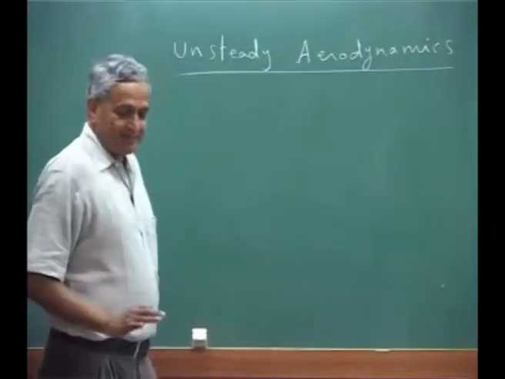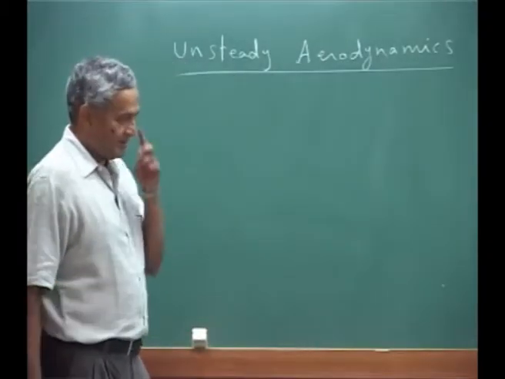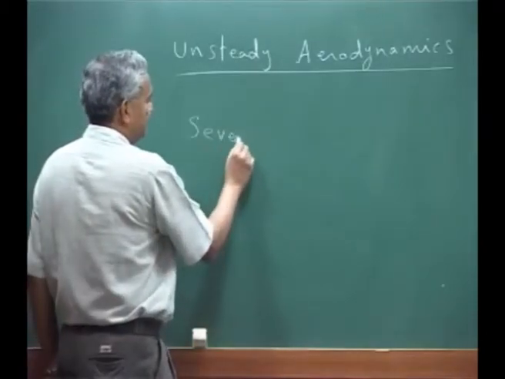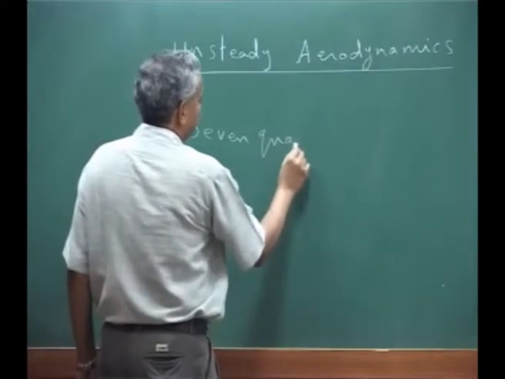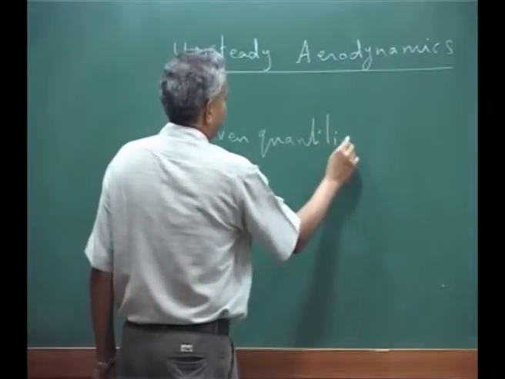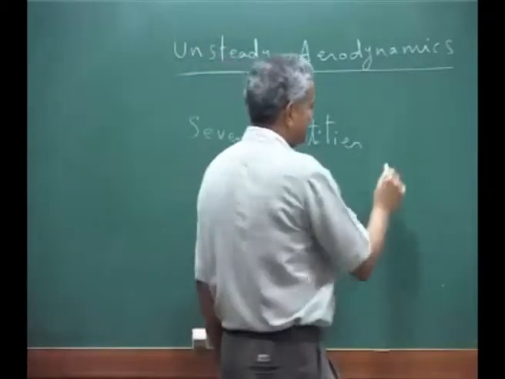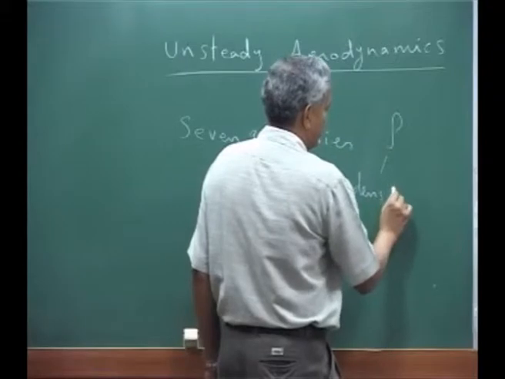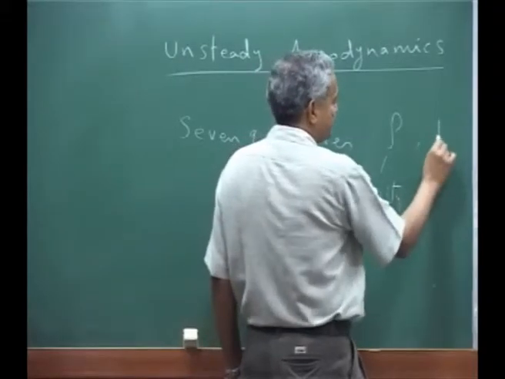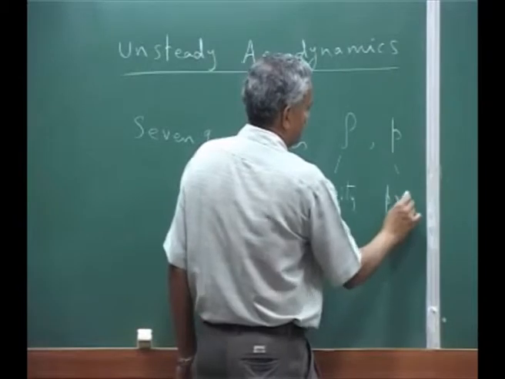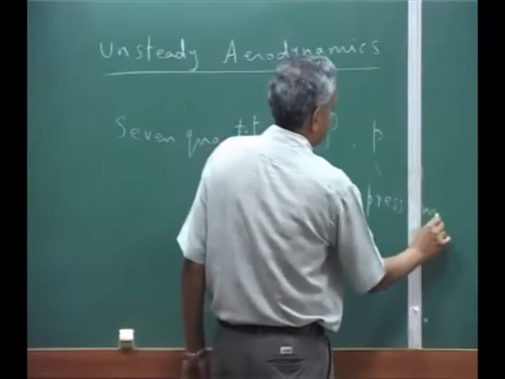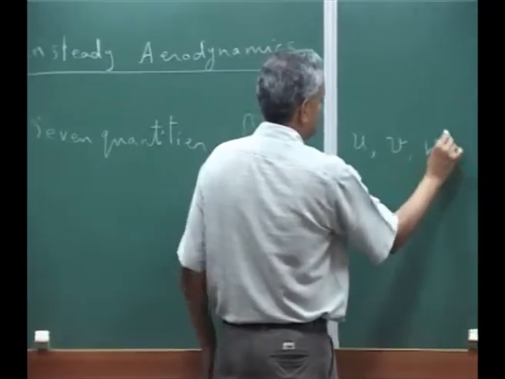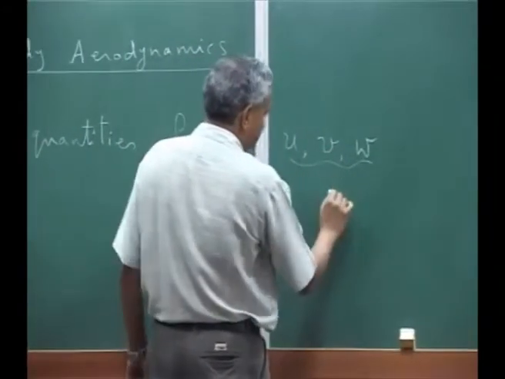Basically, in aerodynamics, we need 7 quantities. These 7 are density, then pressure, and 3 velocity components, u, v, w. These are velocity components.